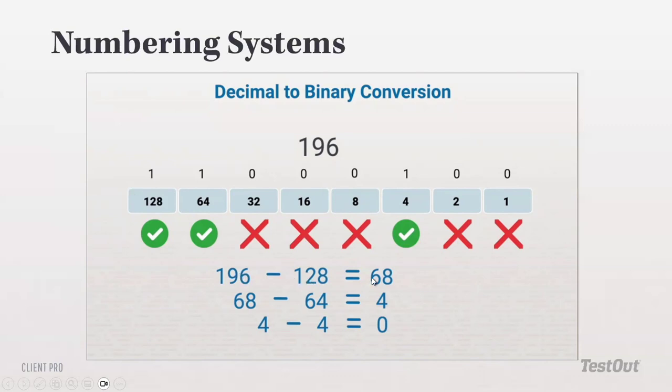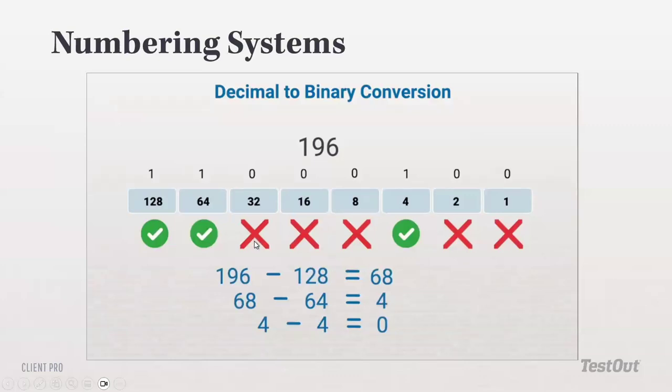Yes, it does, one time. If it's ever more than one, then you need to start one further over. And you're going to end up with 68. That's your remainder. Then you ask, does 64, the next number, fit into 68? Yes, it does, one time, and you've got a remainder of 4.